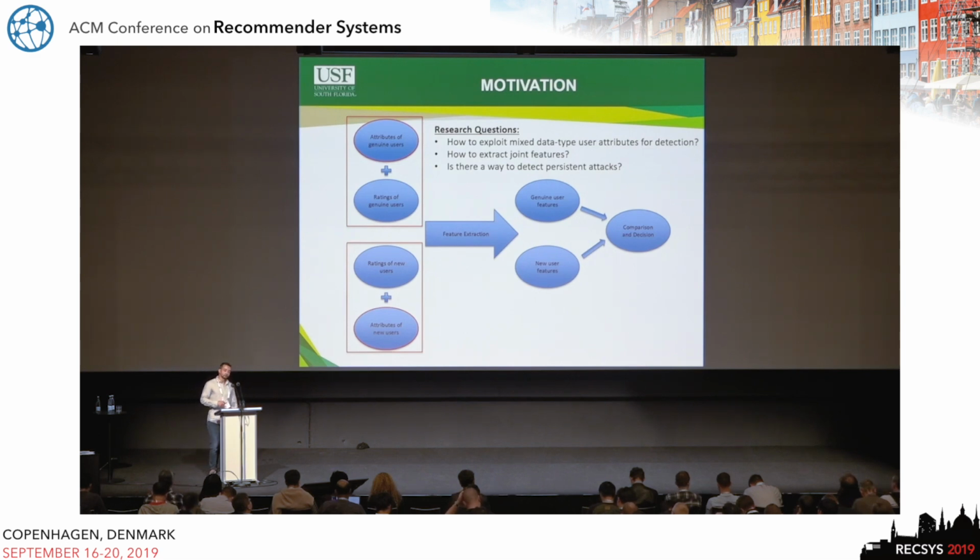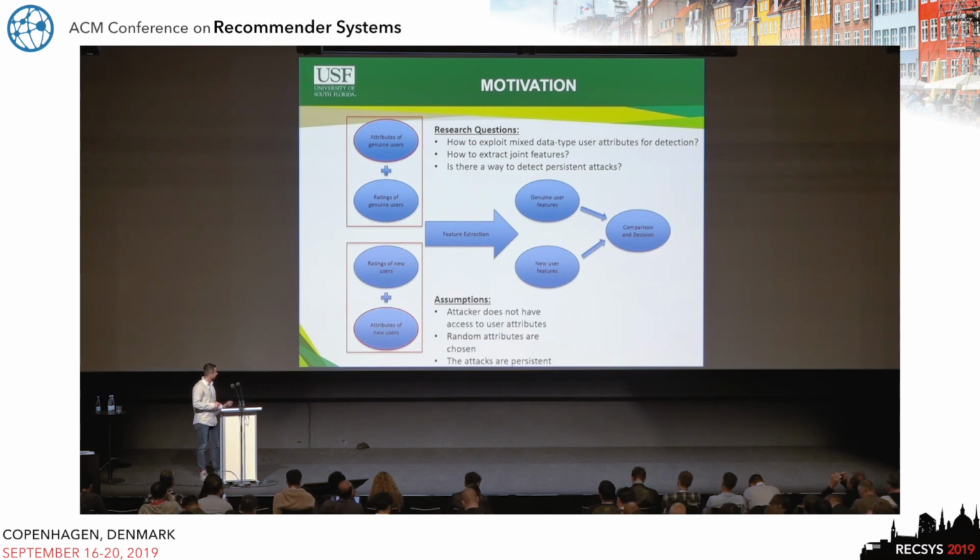In this framework, we also assume that the attacks are performed sequentially, which means the attacker performs the attack in a short time period. We call this type of attack a persistent attack. And our last question is how to detect this type of attack.